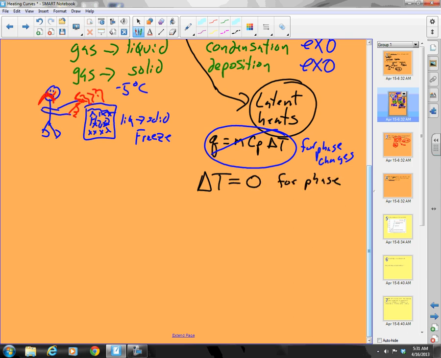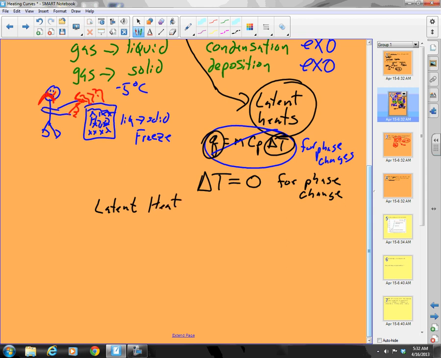And we'll get into that a little bit later. And so that thing would be 0, which would mean Q is always 0, but that's not the case. There is an amount of heat required for a phase change, or heat liberated in a phase change. And so we have these things called latent heats. Latent heats.